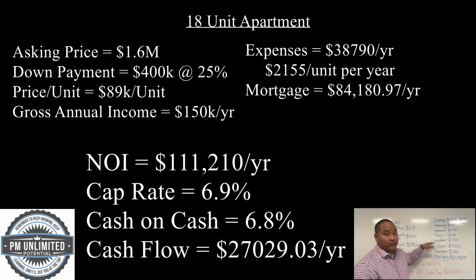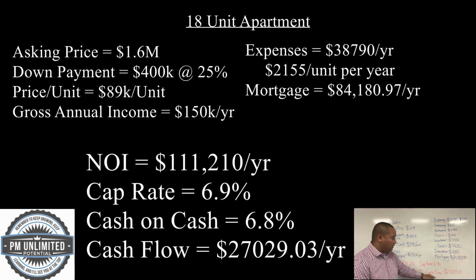So again, I know the expenses are going to go up. I know that expenses in the areas that I'm investing in are anywhere between $2,500 to $3,500. And if it's that low, I know I have to add more to be more conservative, to make sure I'm protecting myself and I'm protecting my partners when we get into a deal like this.